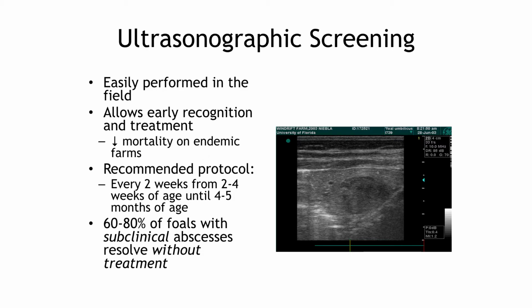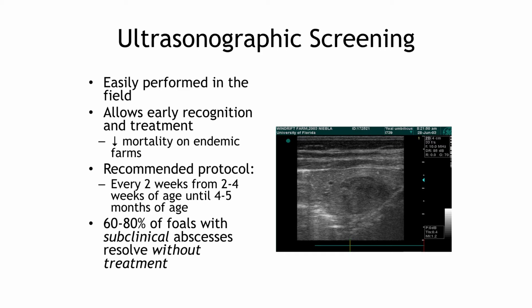The recommended protocol, again, there are lots of individual variations, is usually every 1 to 2 weeks, from about 2 to 4 weeks of age until 4 to 5 months of age. I'm going to go into this a little bit later, but what's really important to understand is that we now know that 60 to 80% of foals with subclinical abscesses resolve without treatment.